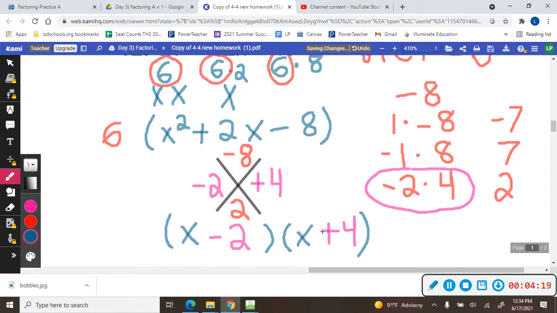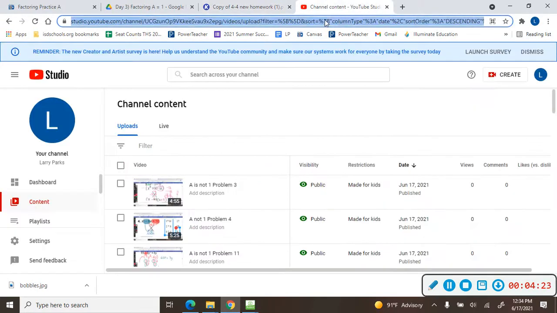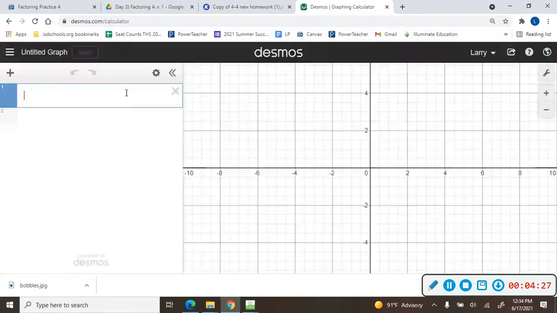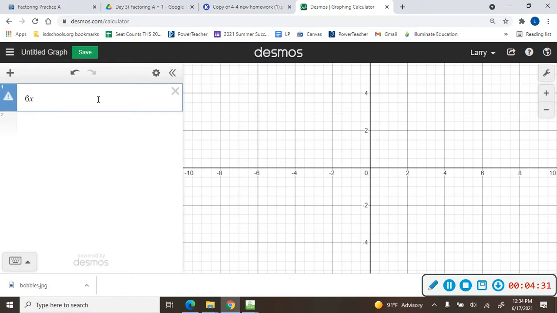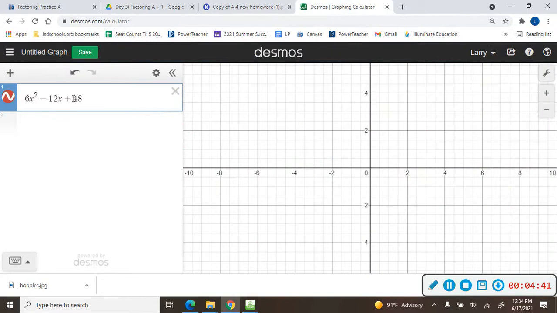Check my answer. So I'm going to type 6x squared plus 12x minus 48. And I see that it crosses at negative 2 and 4.